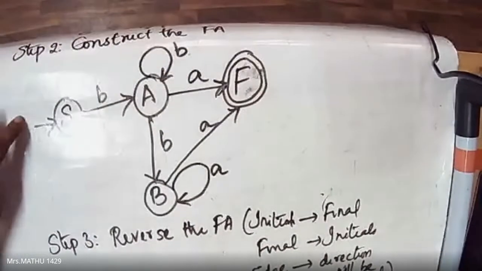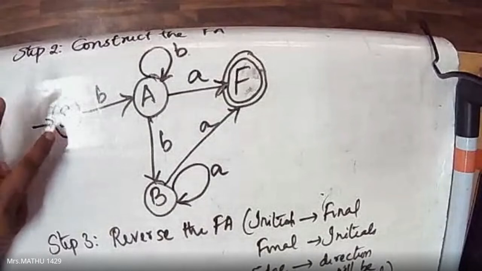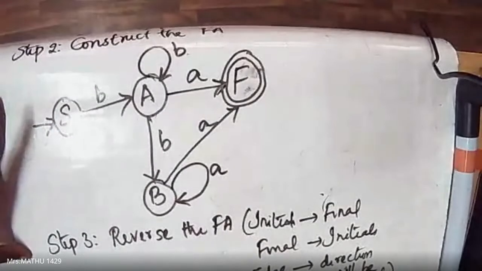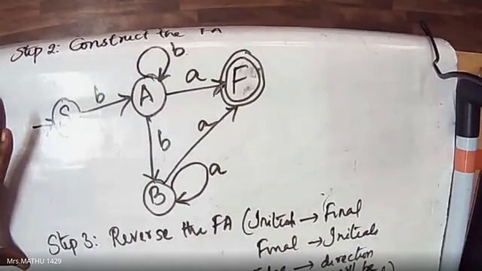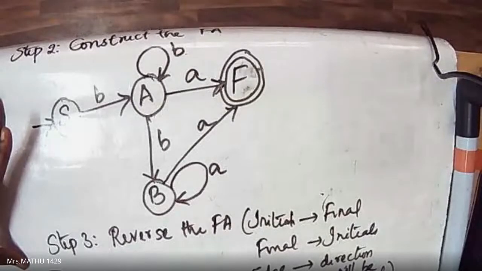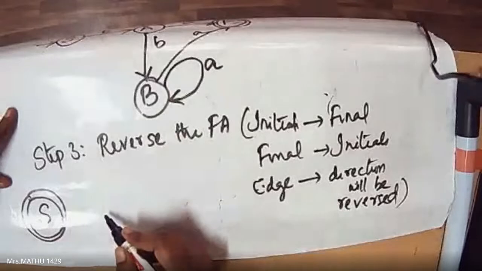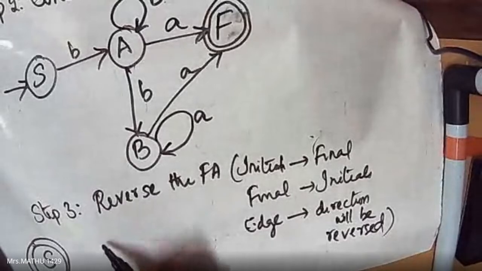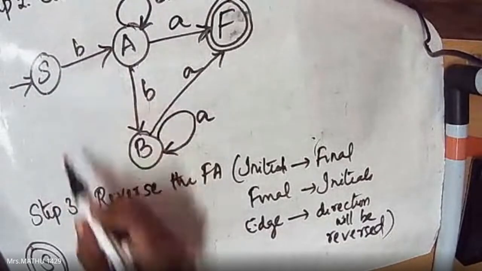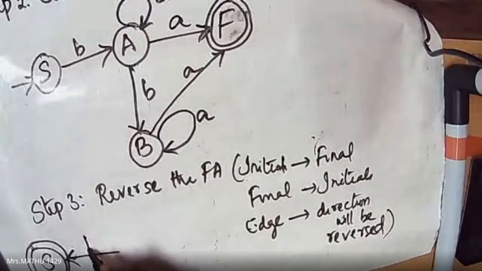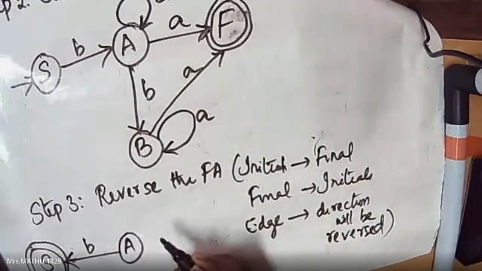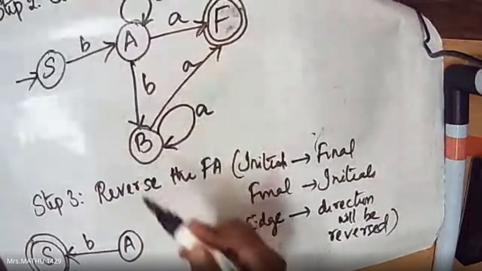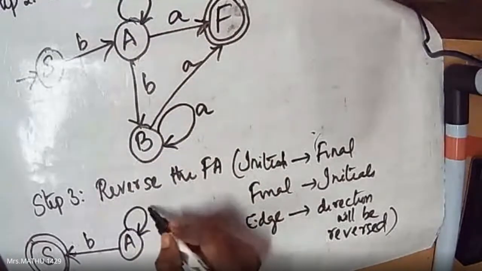So how can we do that now? The initial state will become the final state. A final state is represented using a double circle, and this becomes the final state, and all the edges will be reversed. So when you take this edge, it will be reversed in this way, and we have the intermediate state A, and when you reverse this self loop, it will be the same.